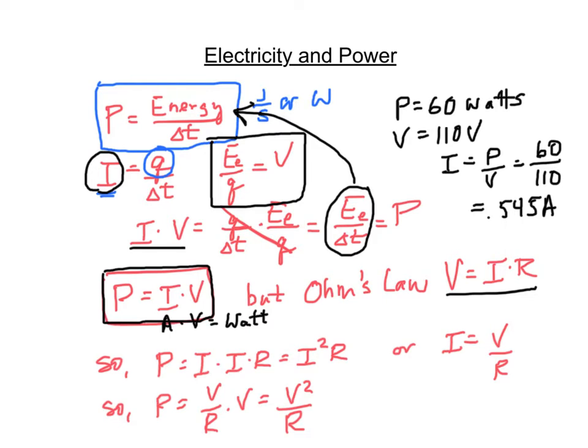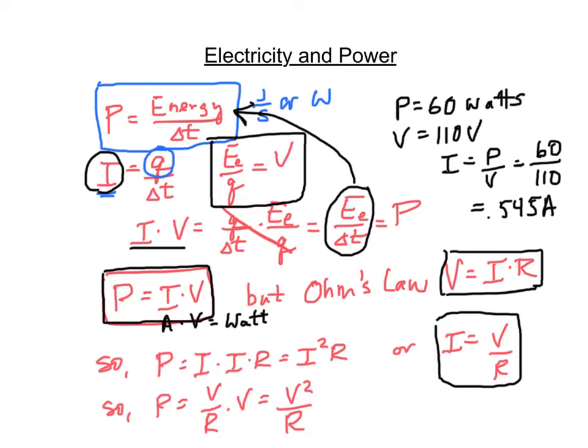Okay, back to this. I was starting to say that voltage in Ohm's law is equal to I times R. So if you combine these equations, if I solve for I, I get V over R. That's all I did, I divided both sides by R. Sorry, I'm already deriving the second one.